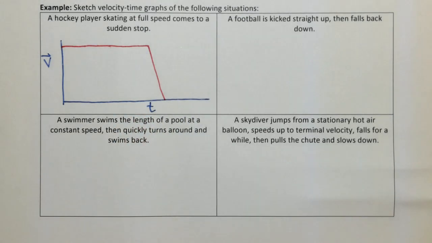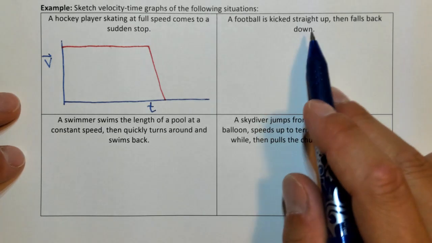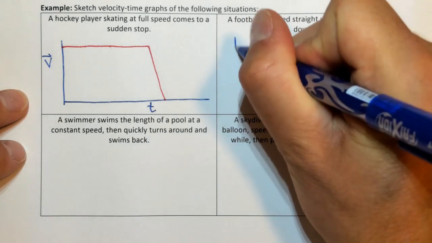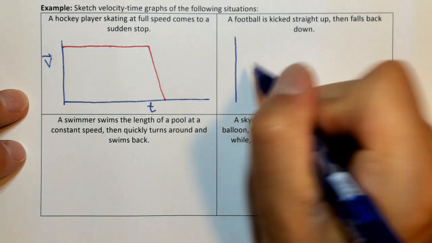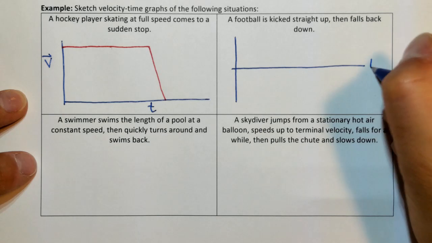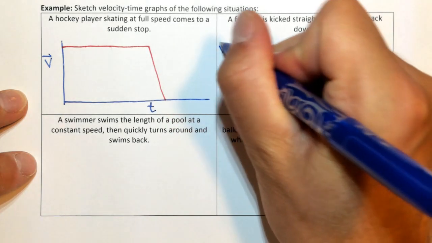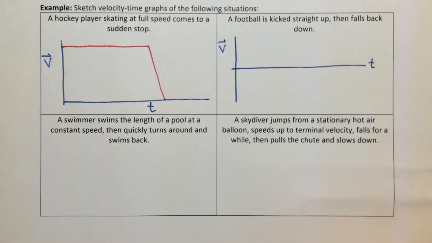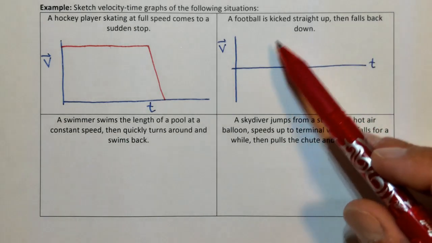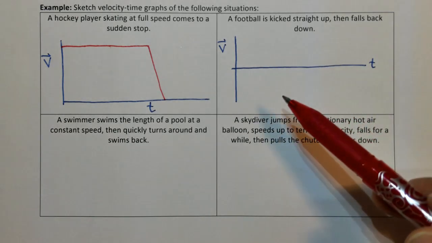A football is kicked straight up, then falls back down. Okay, for this one, I'm going to draw my axes a little bit different because I know in advance there's an important thing that's going to happen here that's a bit different. So let's say we're going to start looking at this question after the football has left the person's foot.